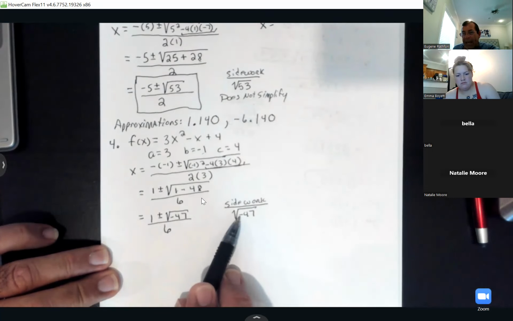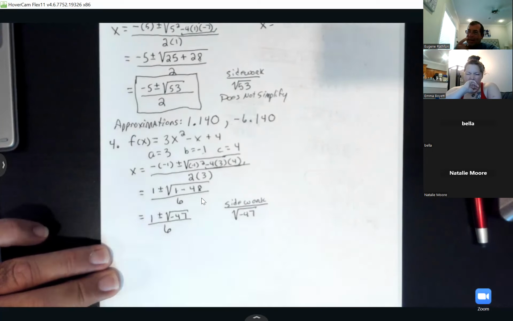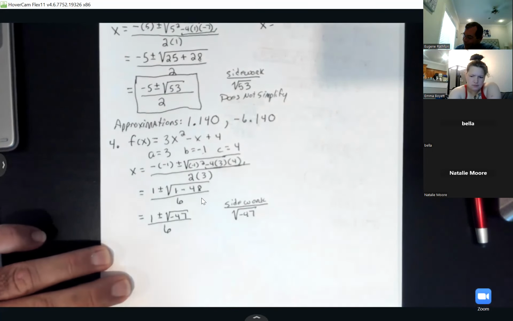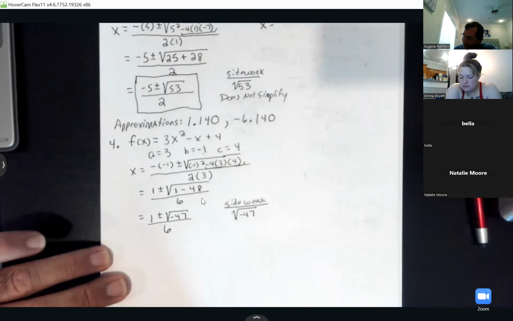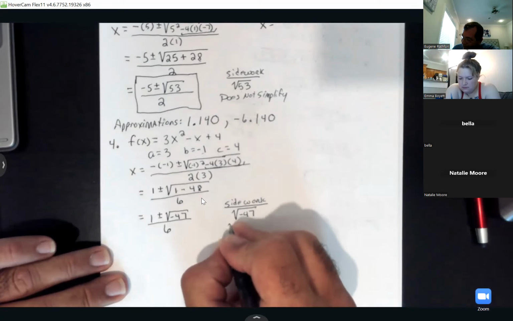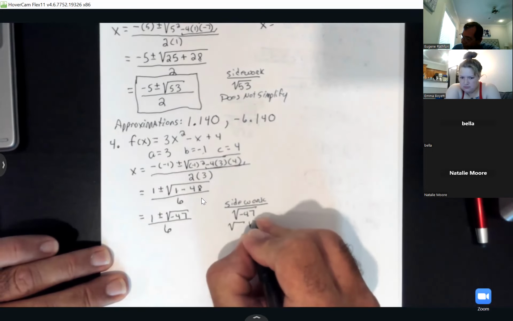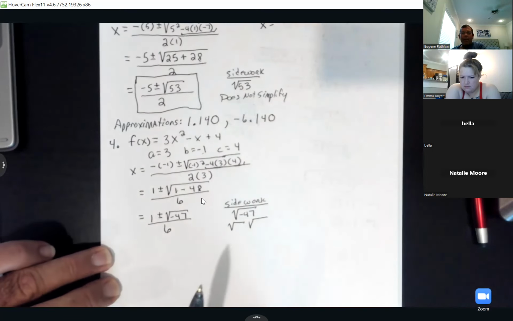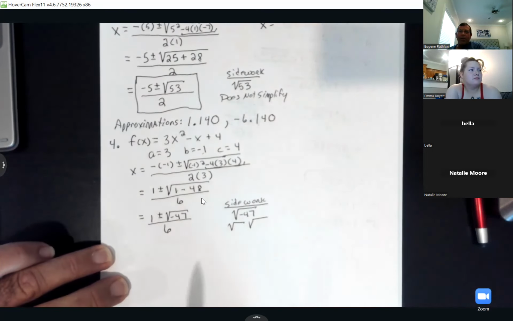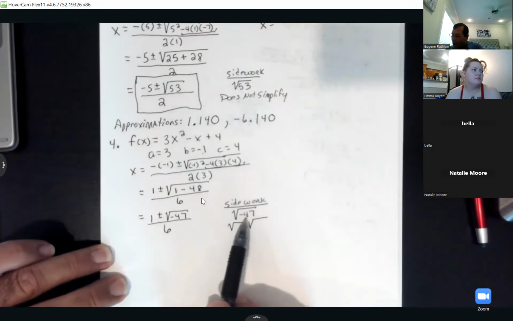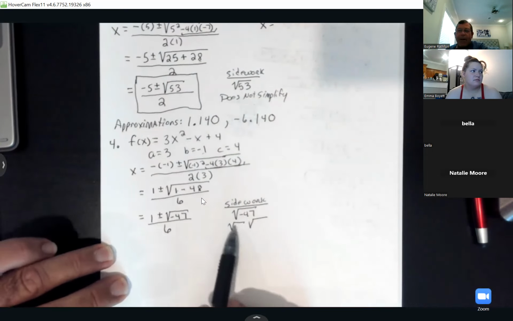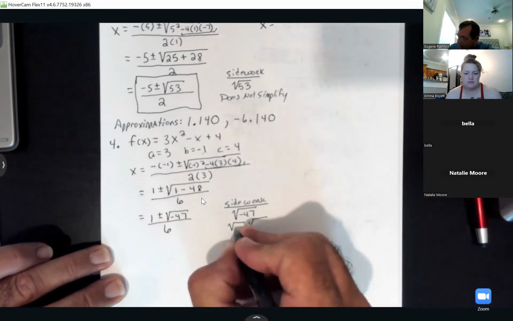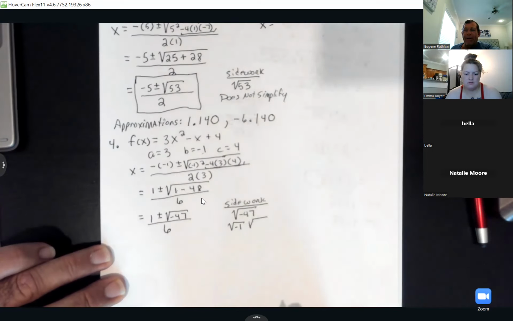But y'all, you can do something about that negative. What are we going to do about that negative? Times it by the square root. Well, you're getting a little complicated. That's too much. All I want y'all to do with that negative is bring it out from that radical as a -1.